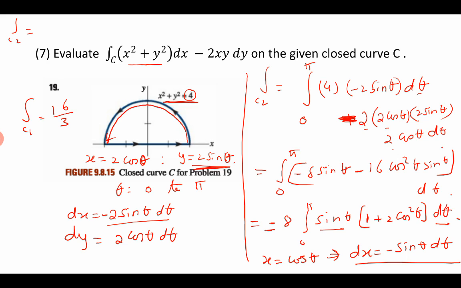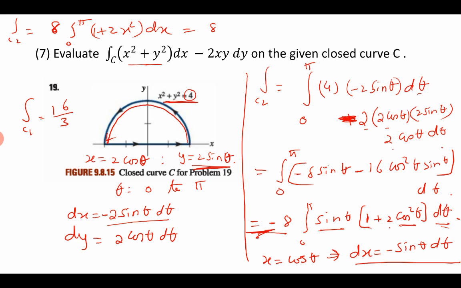Okay, dx is equal to, now this integration becomes minus 8 outside, integral 0 to pi, 1 plus 2x square into dx, because this minus sin theta d theta will be dx. 1 plus 2x square, x is cosine theta.